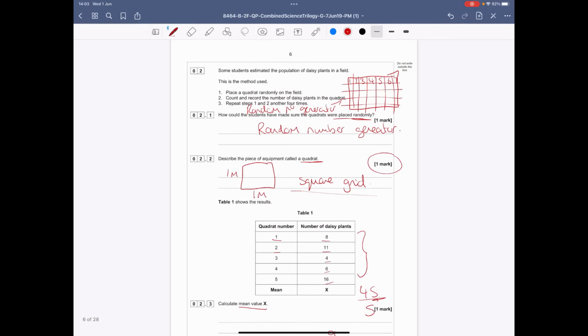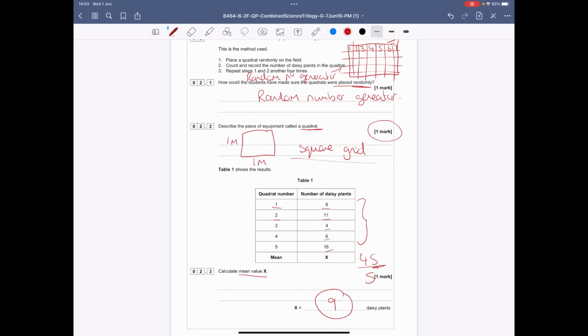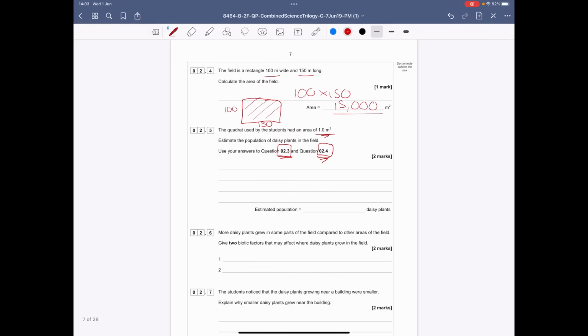Now, what you've worked out is that there is an average of 9 daisy plants per metre squared, and you've got 15,000 metre squares. So in order to estimate the population, you would just do 15,000 times 9, which gives you 135,000 daisy plants as an estimate.